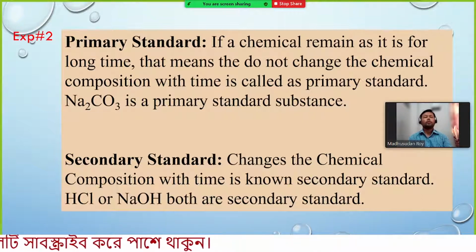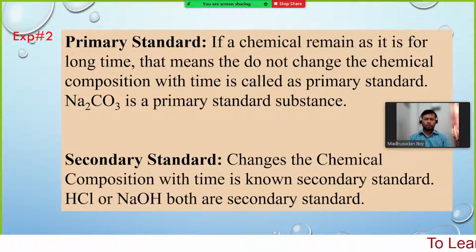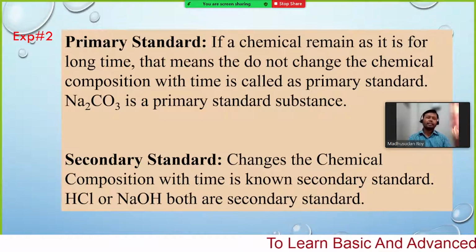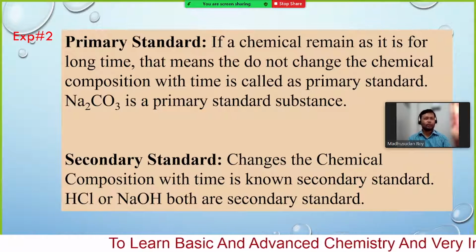However, if you dry sodium carbonate or hydrated sodium carbonate by heating, then you will get a white powder of sodium carbonate, which is anhydrous. Anhydrous sodium carbonate means it has no water with it.